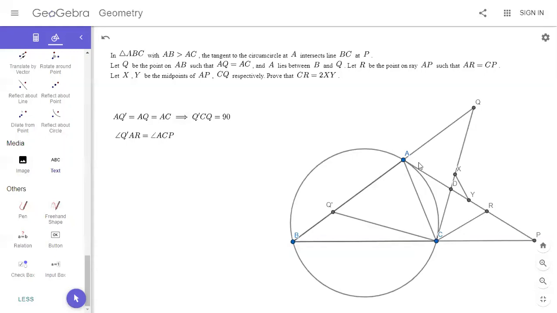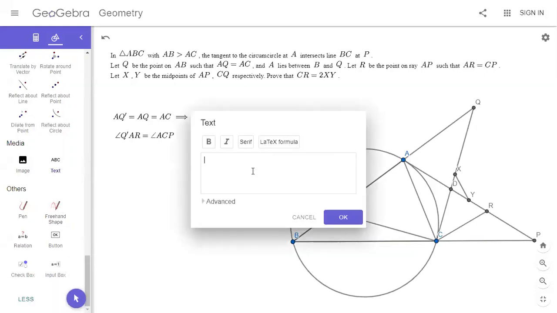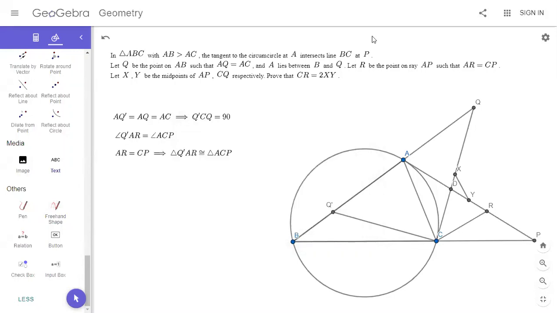And so AR equals CP means those two triangles are congruent. All right, let me check.